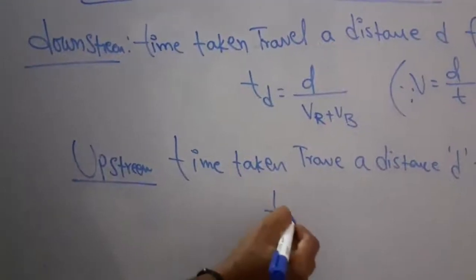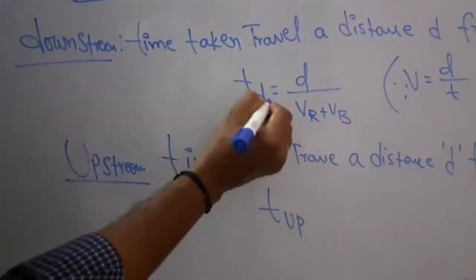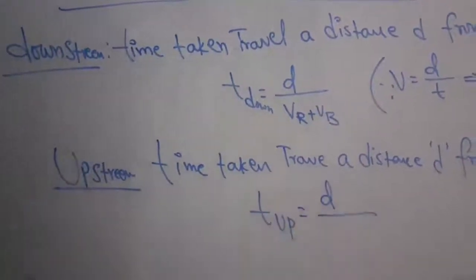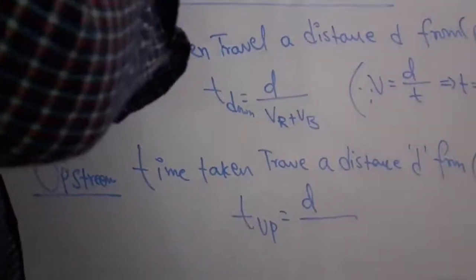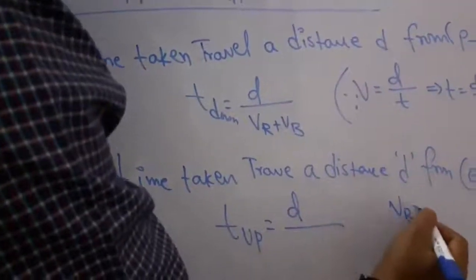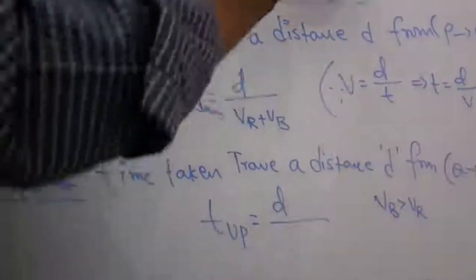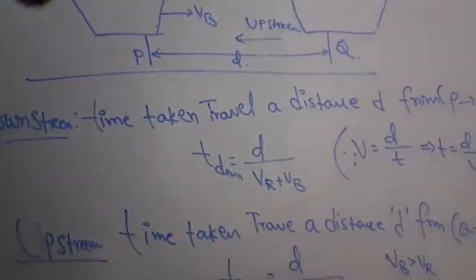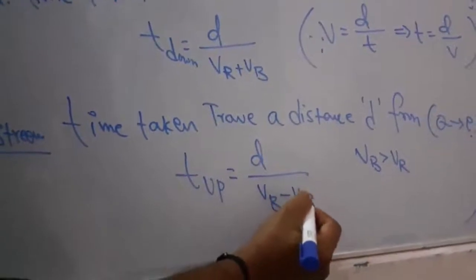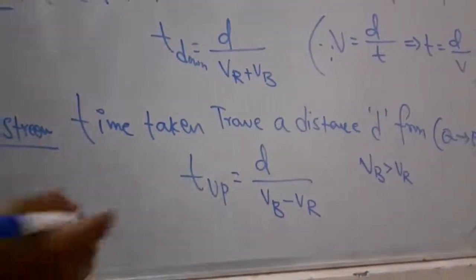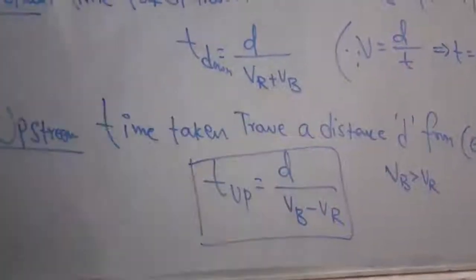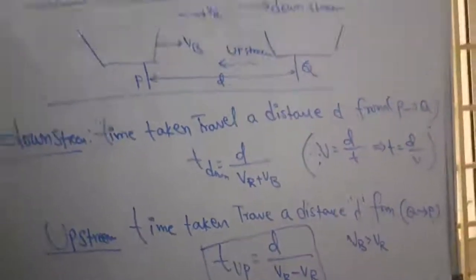Therefore T upstream is equal to D divided by the velocity of the boat minus the velocity of the river, because the velocity of the boat must be greater than the river velocity for it to come back. So this is relative velocity. Next.